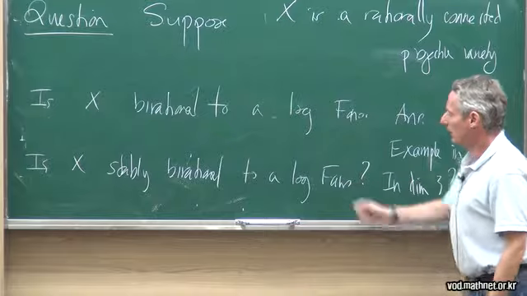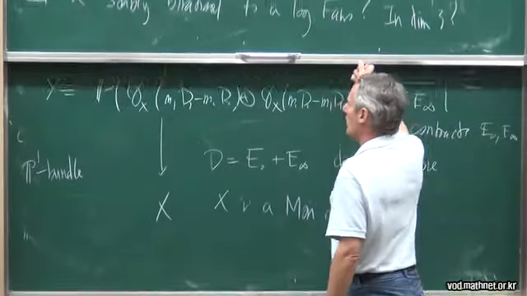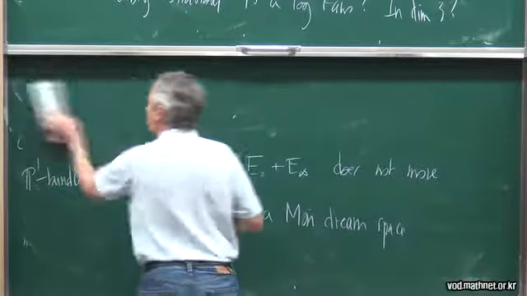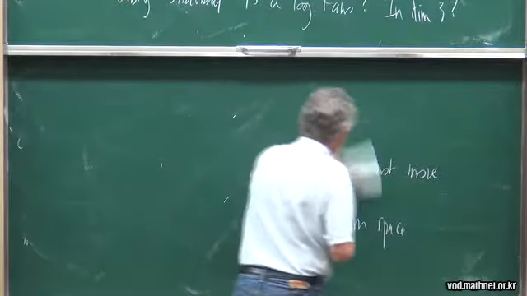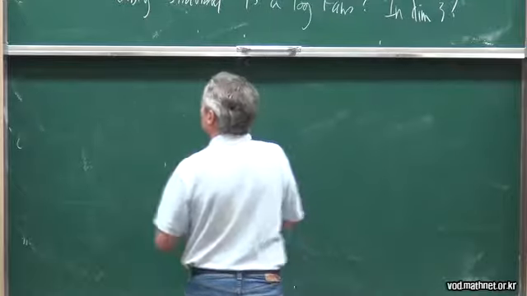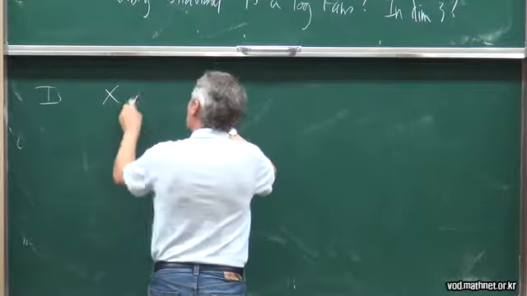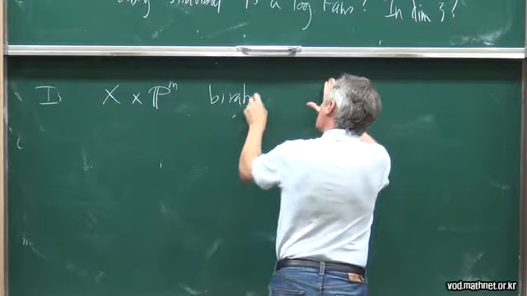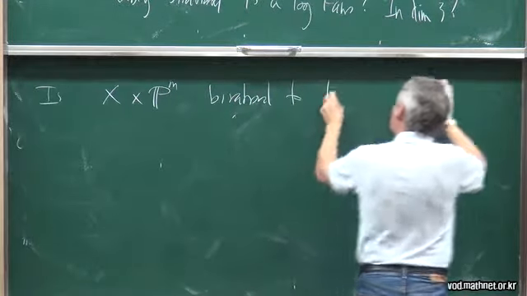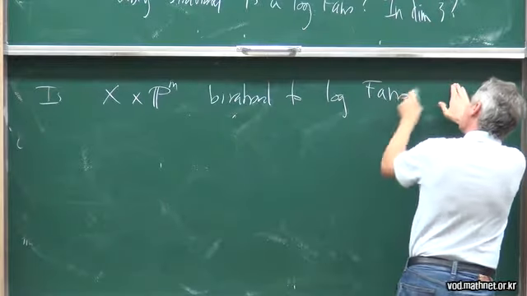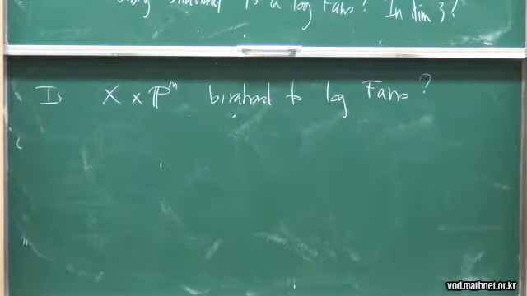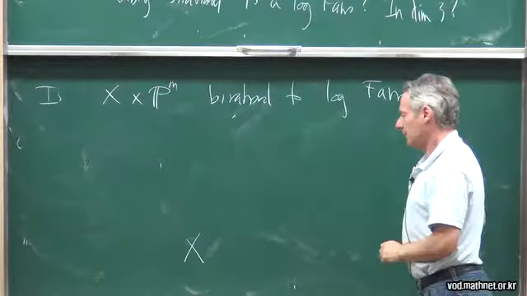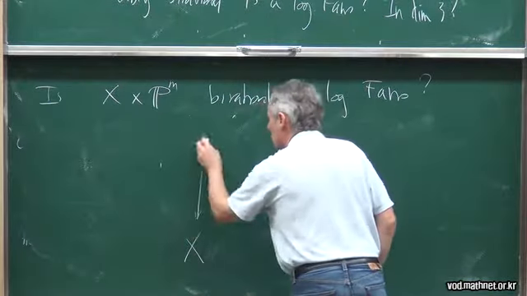You see, what I mean by stably birational is, in other words, is X cross some projective space birational to a log Fano. Because if you go back to that construction I had, I started with X, I replaced it by a P1 bundle.